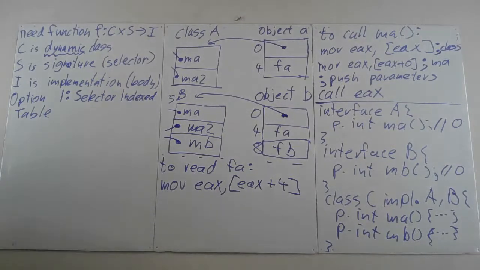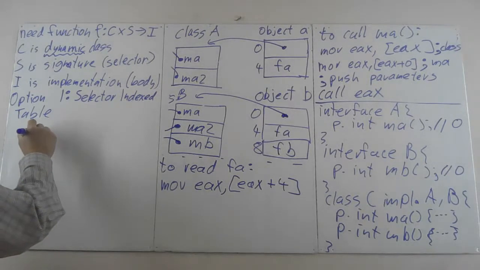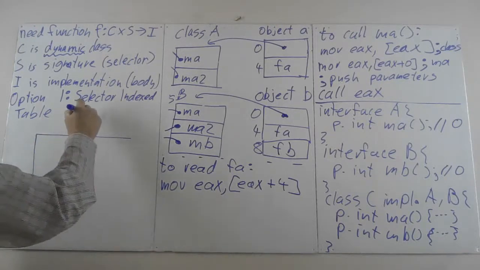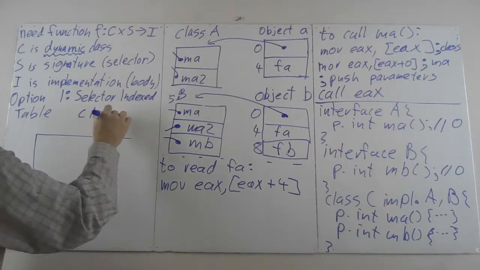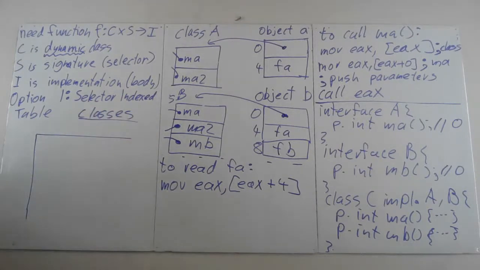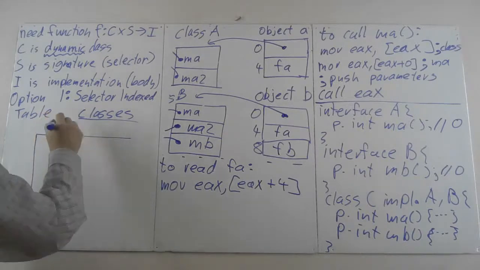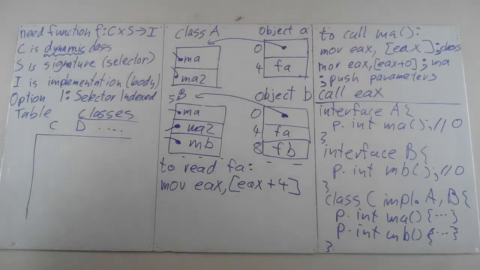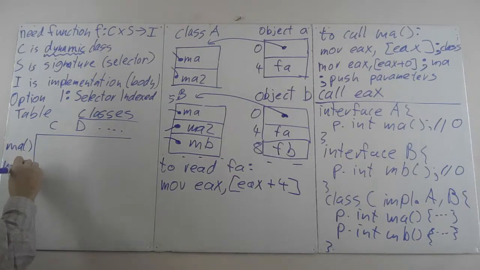Okay, and the idea is I'm going to make a table in memory, a two-dimensional table. Across the top, I'm going to have all the classes in my program, so let's say class C and D and so on. And down the side, I'm going to have all the selectors, so let's say MA and MB and so on.